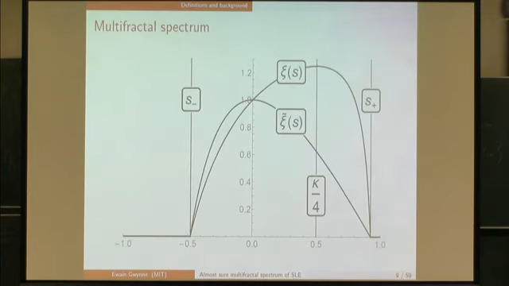So here we have a graph of the multifractal spectrum for kappa equals 2. It looks pretty similar for other values of kappa. As you can see, it's a concave function, and it vanishes outside this range.